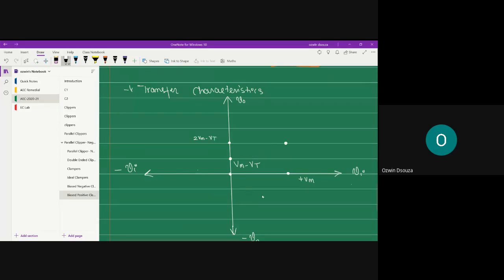On the other hand, when your input becomes minus Vm in the negative direction, what will be the output value? When your input becomes minus Vm, output is minus Vt. So this is your minus Vt, right? Because minus Vt should be plotted in the downward direction. So somewhere here. And then you can just join the lines.